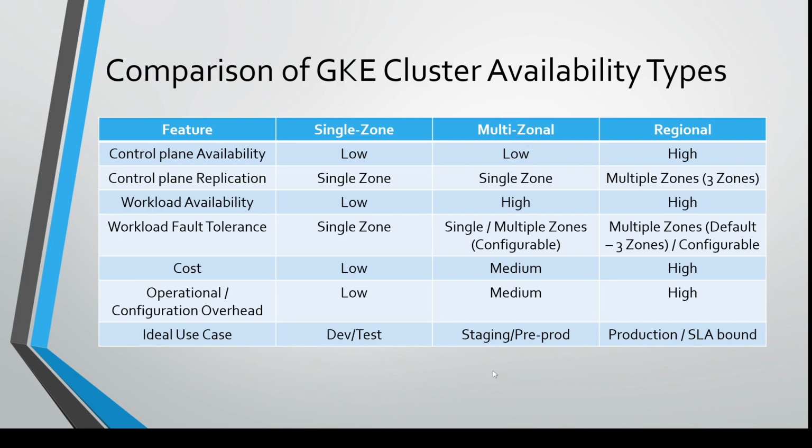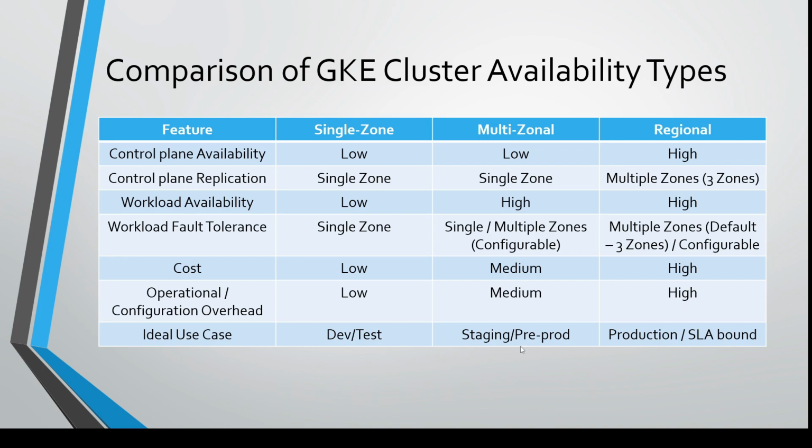For a multi-zonal cluster, the ideal use case is a staging or pre-prod environment where you will have high availability for your workloads. Your services will be available for the most part, but your control plane can be down, which you can handle.